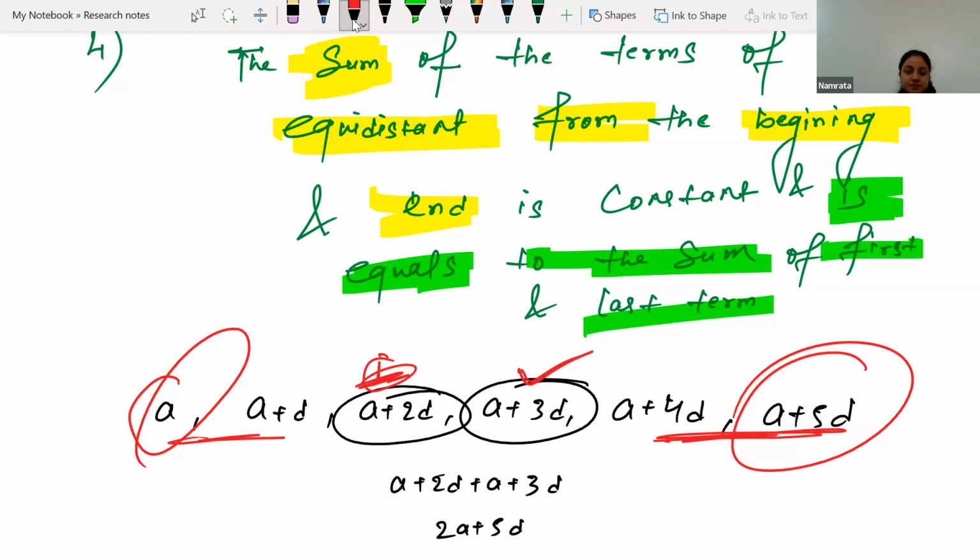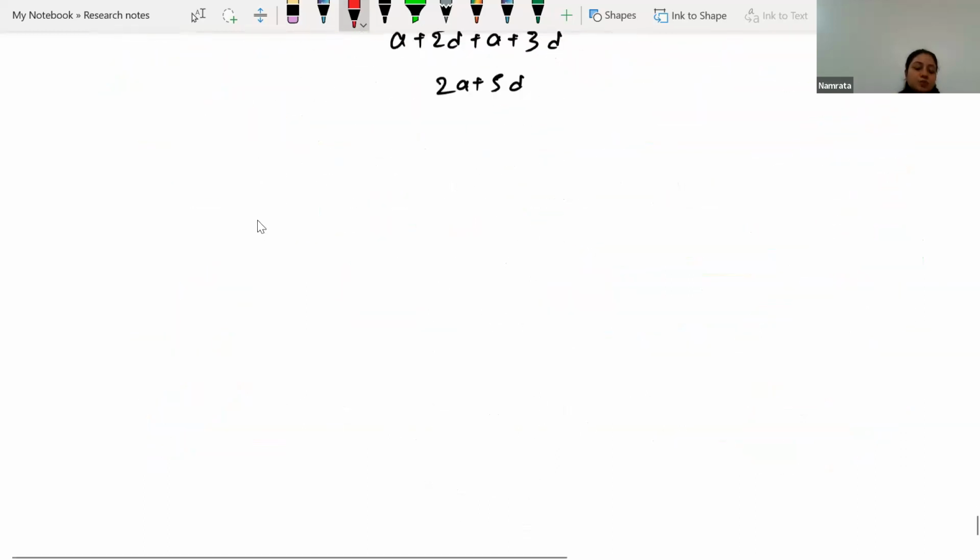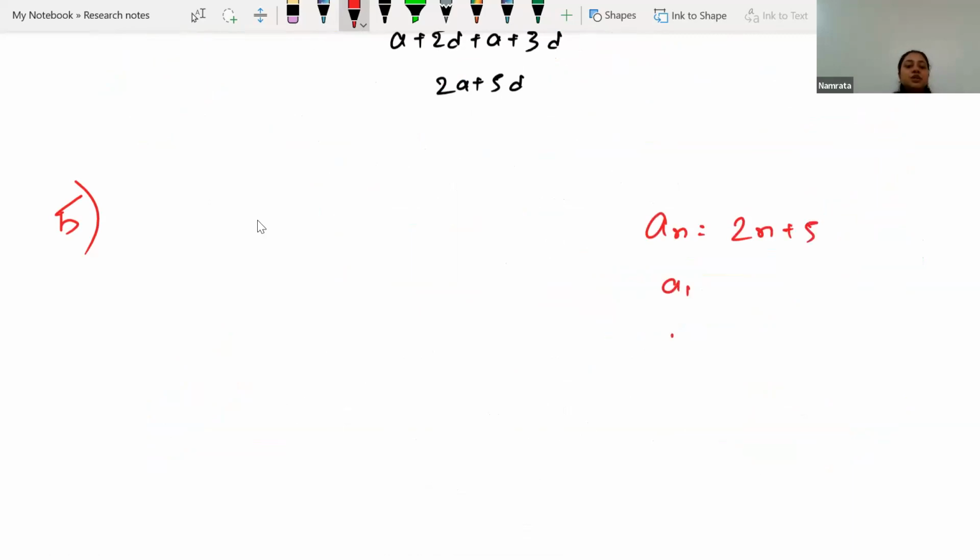Okay, now let's move to the next property. These properties you are not going to use while solving questions from NCERT. In NCERT, the questions related to AP are very simple, like if AN is equal to 2n plus 5, then find the first term, then the second term, then the third term.